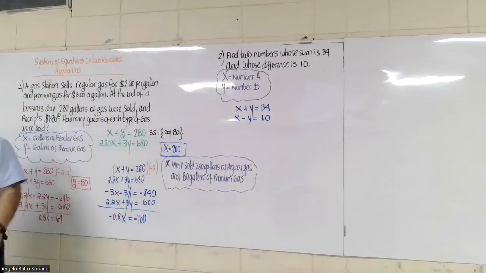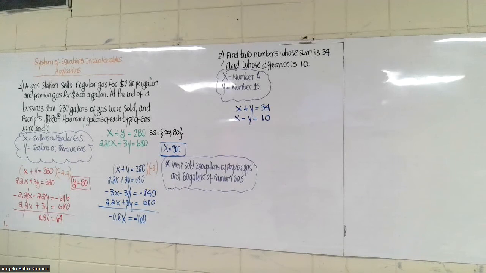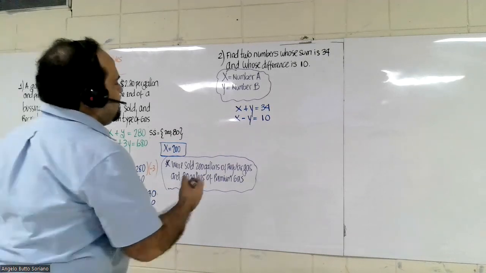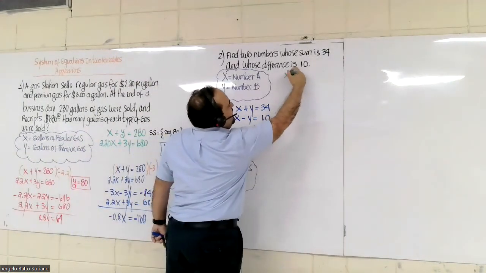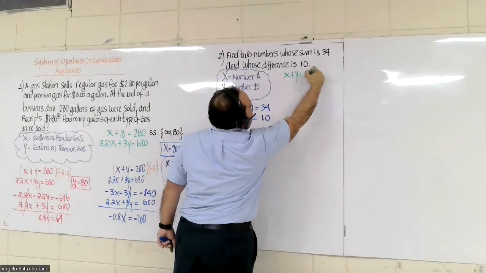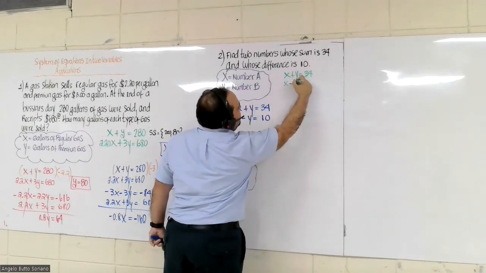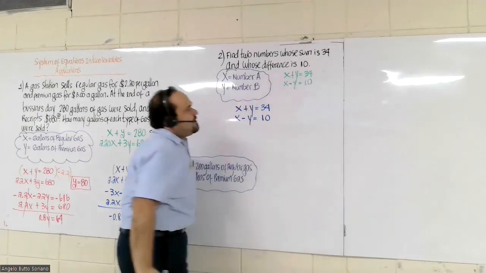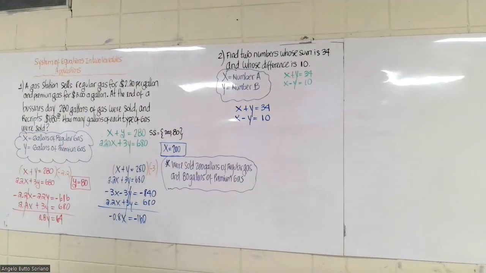We have the system of equations. We can use substitution, elimination, or graphing. If you want to use elimination, copy the equations once again: x plus y equals 34 and x minus y equals 10. As you can see, you don't need to multiply by any number to eliminate y, because we have positive y upward and negative y downward.